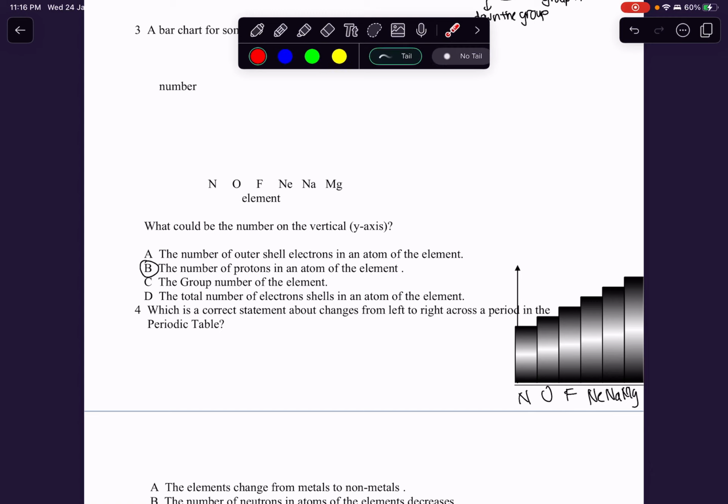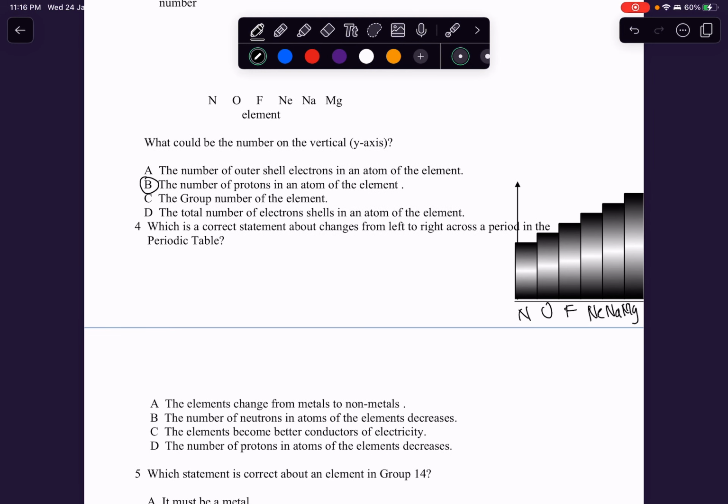A, number of outer shell electrons. It looks like they are increasing, but the group number's ones digit is the number of valence electrons.